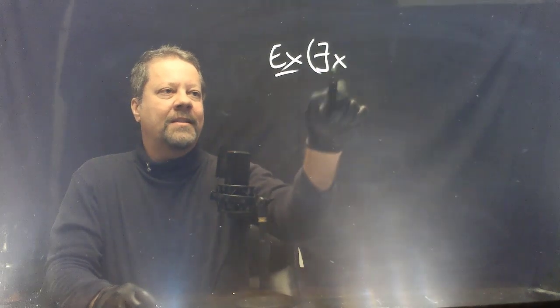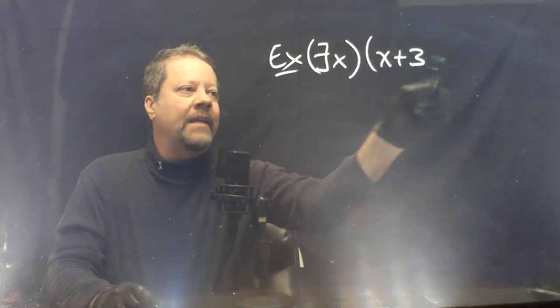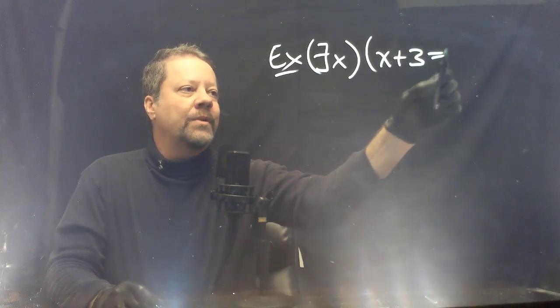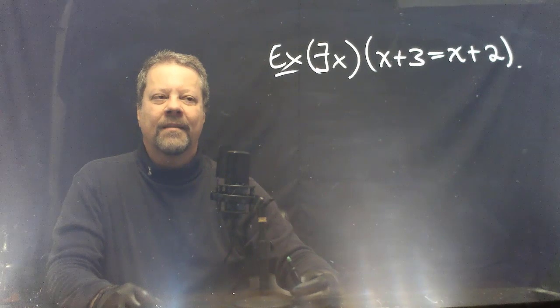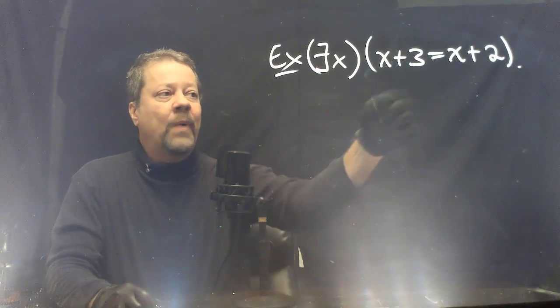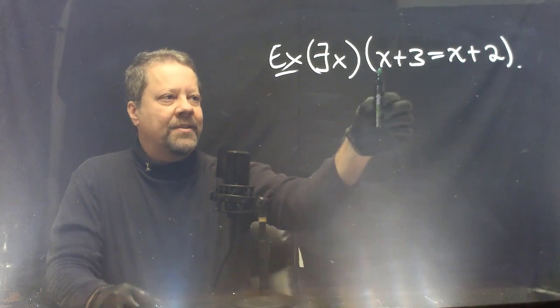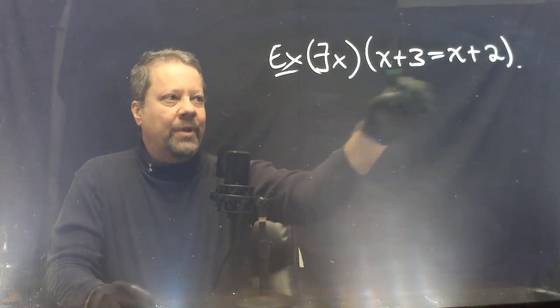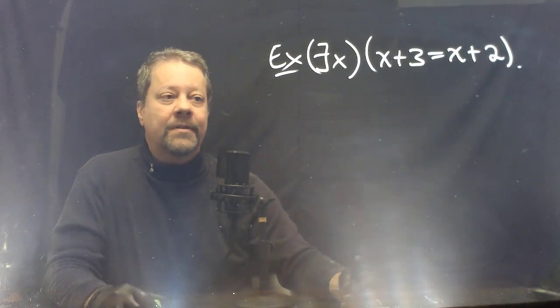As another example, suppose I have there exists x such that x plus 3 equals x plus 2. As you can see, there's no way this equation can hold for any x, because when you subtract x from both sides, it would mean 3 equals 2, which is just false.